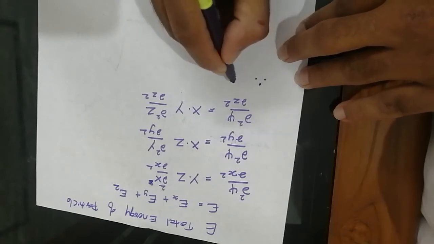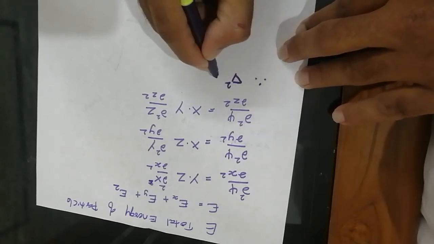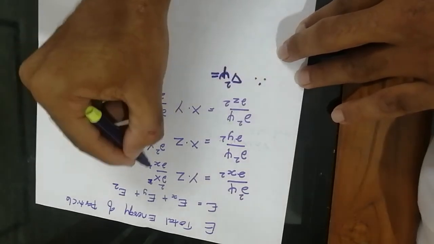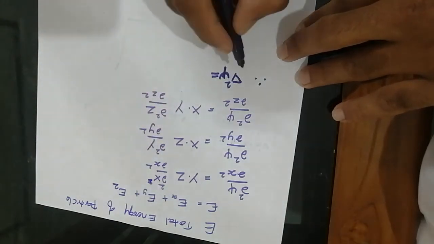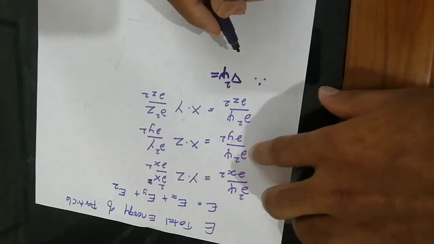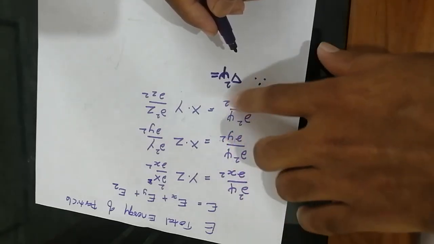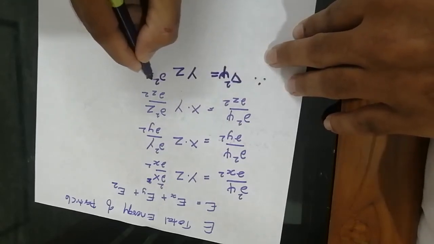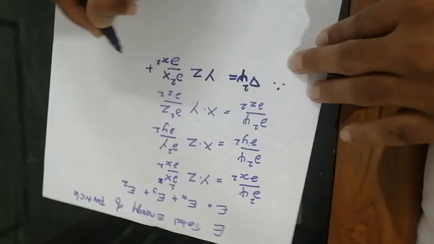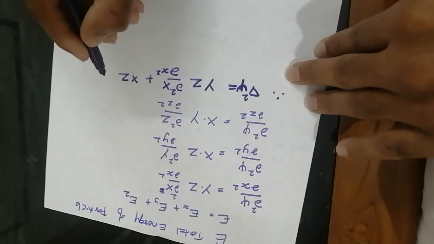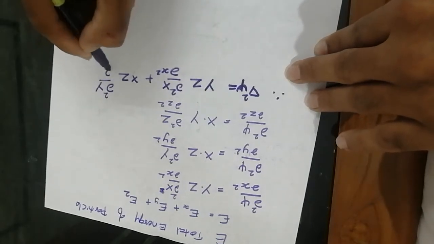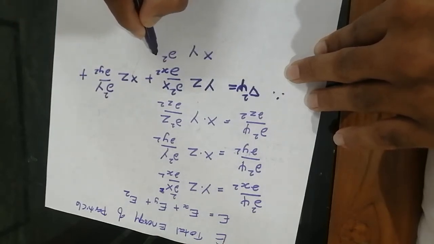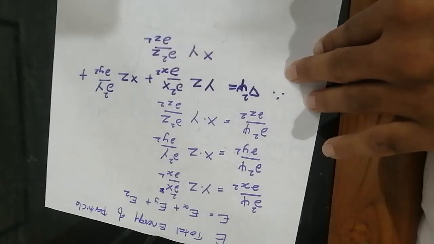Therefore, we can summarize like this. Del square psi, that is dou square psi by dou x square plus dou square psi by dou y square plus dou square psi by dou z square, is equal to YZ dou square X by dou x square plus XZ dou square Y by dou y square plus XY dou square Z by dou z square.